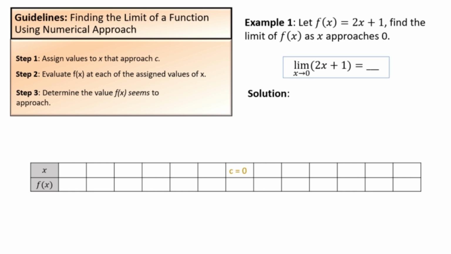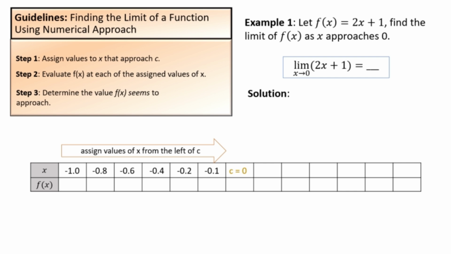Using the first step under numerical approach, we assign values of x from the left. So we can start with -1 and -0.8, -0.6, -0.4, -0.2, -0.1. So they're arranged in an increasing manner from -1, and it approaches 0 from the left.